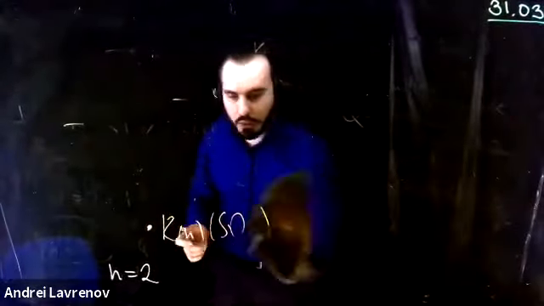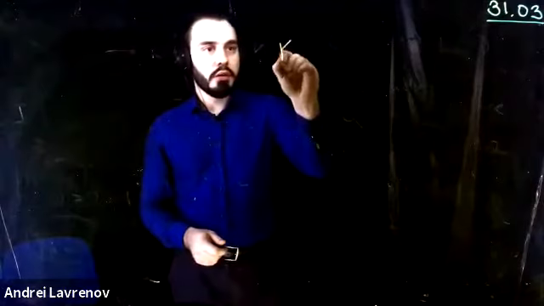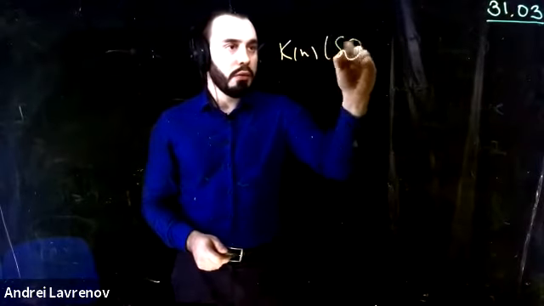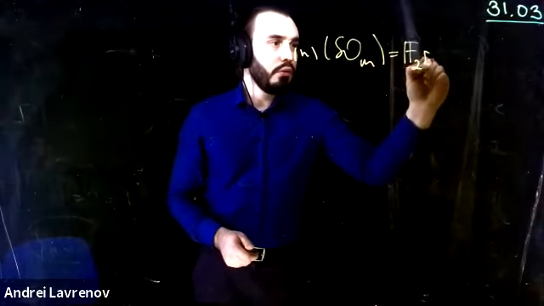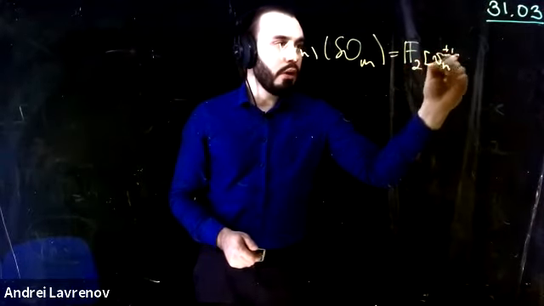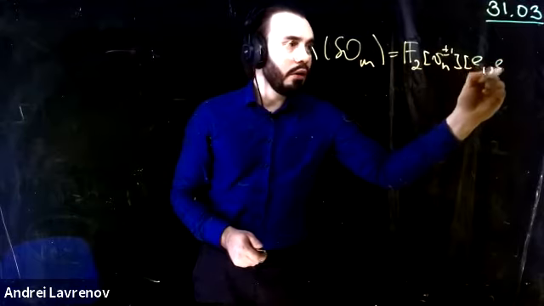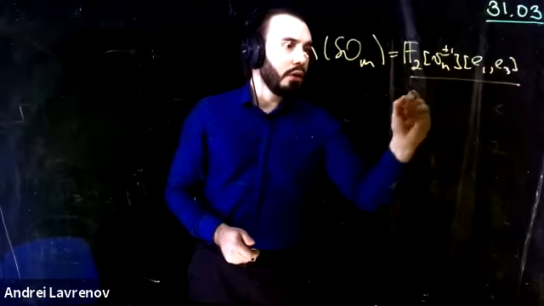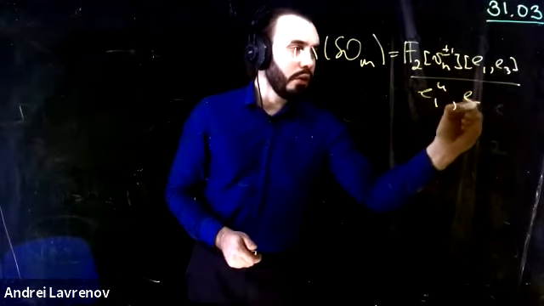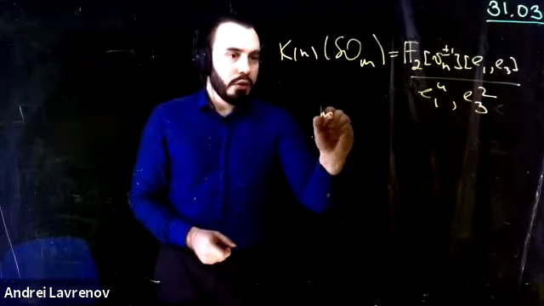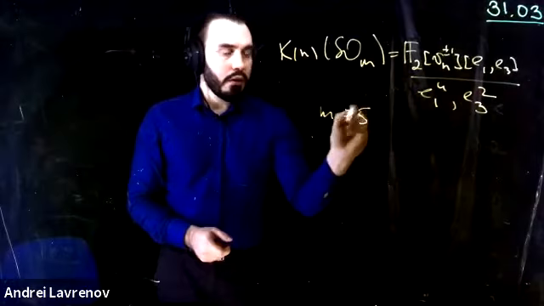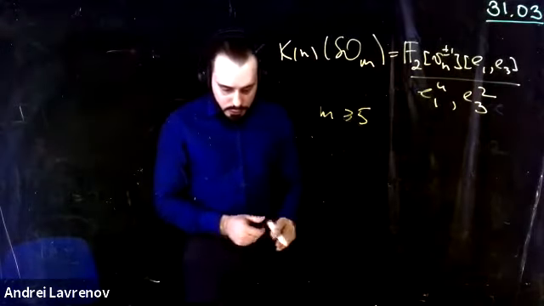And I will write here maybe as an example the coaction. So Kn of SOm is just F2 plus minus 1, E1, E3 modulo E1 to the power 4, E3 to the power 2, for m greater than 5, I guess.